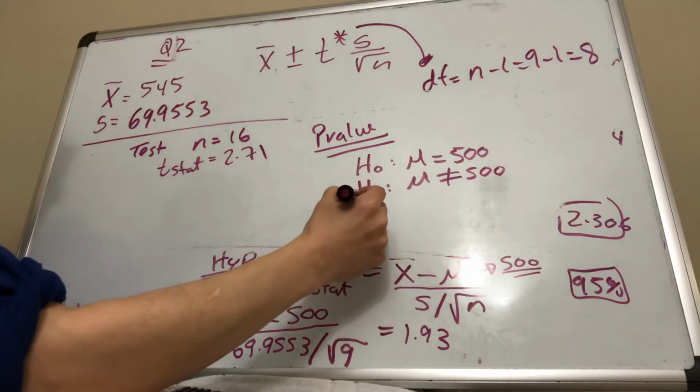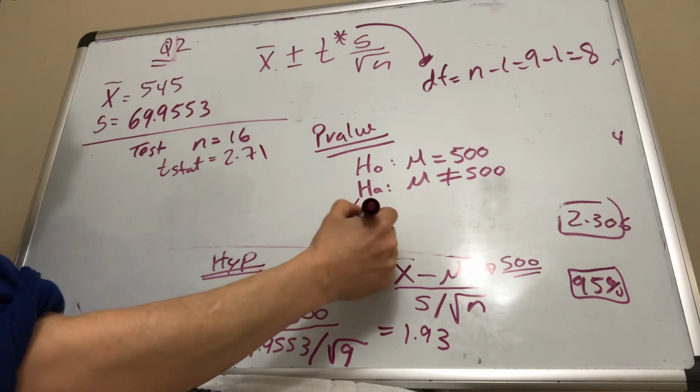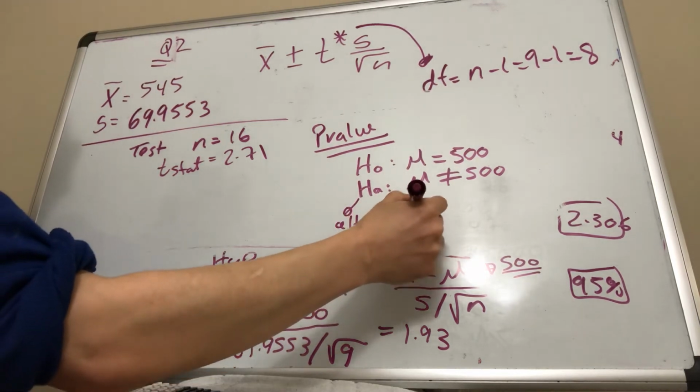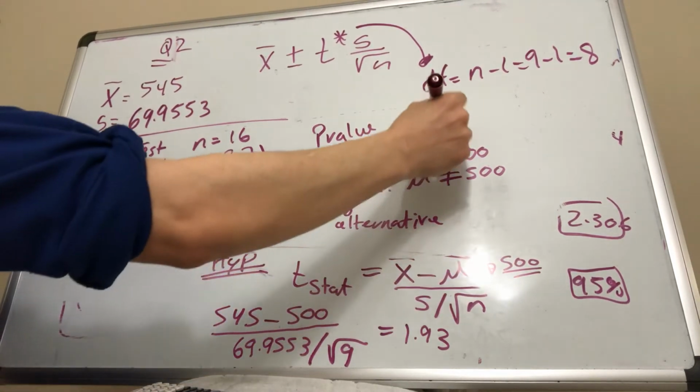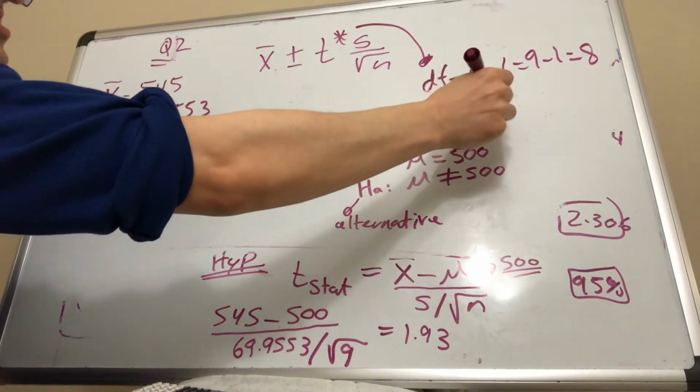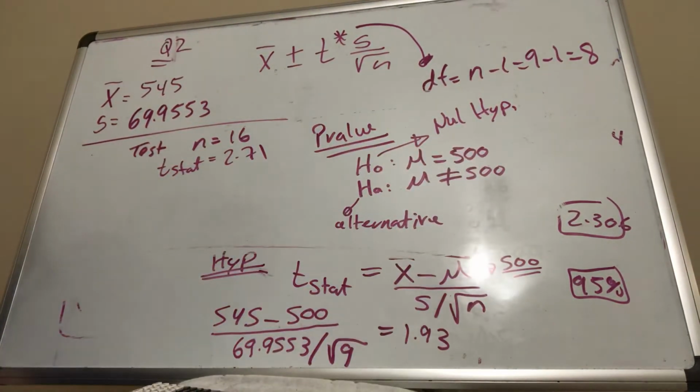That would be your alternative hypothesis versus your null hypothesis. So again, your null hypothesis is always equal, and since they talk about mean, it would be mean equaling 500. HA would be whatever the question is trying to prove. And the question is trying to prove that mu is not 500. They tell you not equal 500.